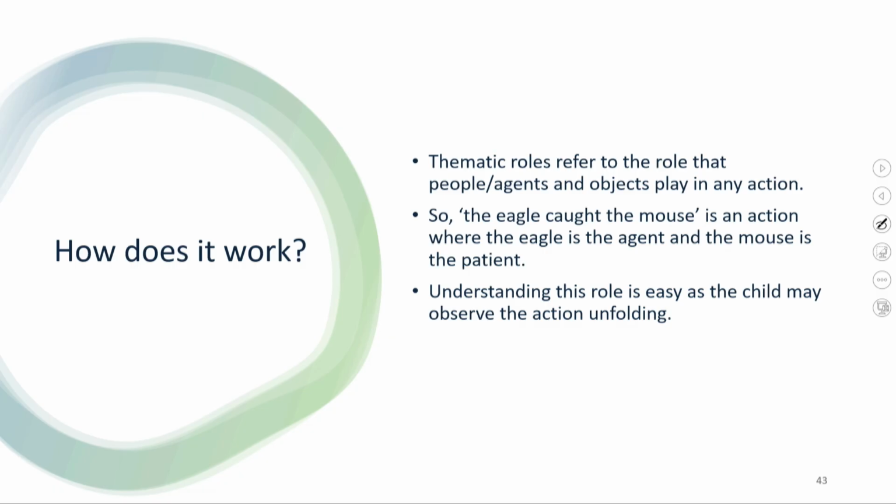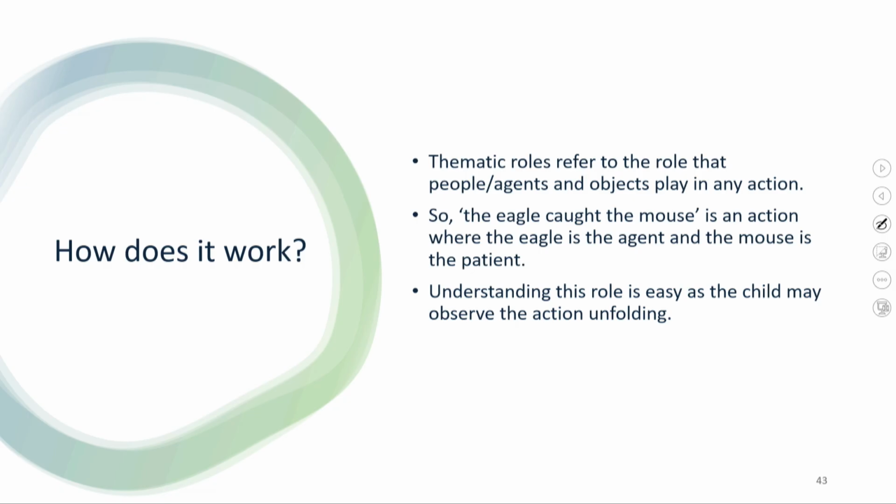The eagle caught the mouse is an action. Eagle is the subject, mouse is the object, caught is the verb here. That is the sentence. Now, in this the noun eagle is the agent. That is the mapping that is happening, and then you have the mouse, which is the patient, and the action of catching the mouse.